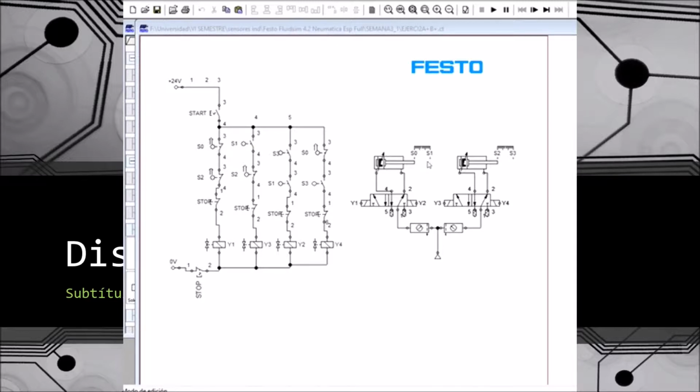When S1 and S2 are activated, solenoid E3 is activated, and the valve changes the position of the cylinder to S3. When S3 and S1 are activated, solenoid E2 activates the valve and the cylinder changes position from S1 to S0.